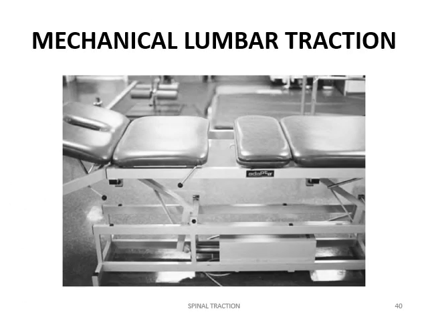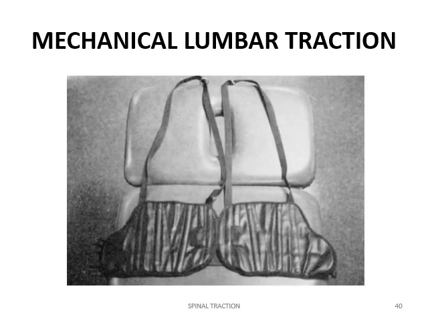A split table or other mechanisms to eliminate friction between body segments and the table surface is a prerequisite to effective lumbar traction. Otherwise, most of the force applied would be spent overcoming the coefficient of friction.